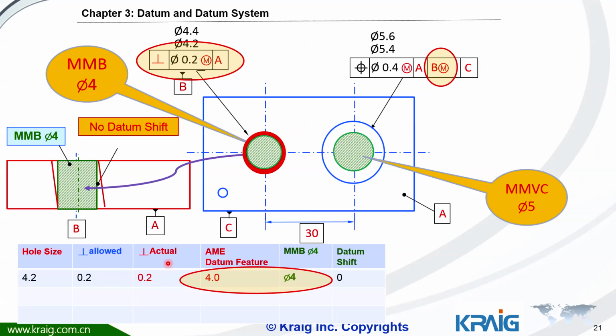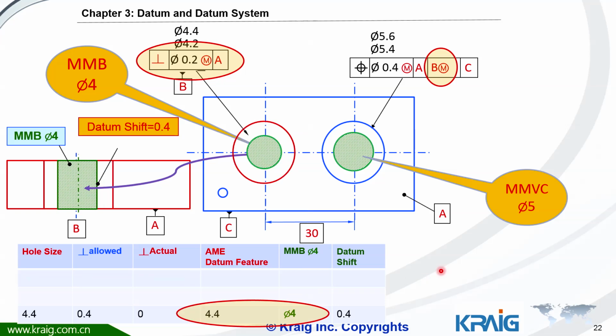The more error of this perpendicularity, the less the datum shift will become, right? So there are quite a lot of different factors that could affect the datum shift. That's the reason we should say the bonus cannot be regarded as a bonus in many situations. I just give you a simple example, right?